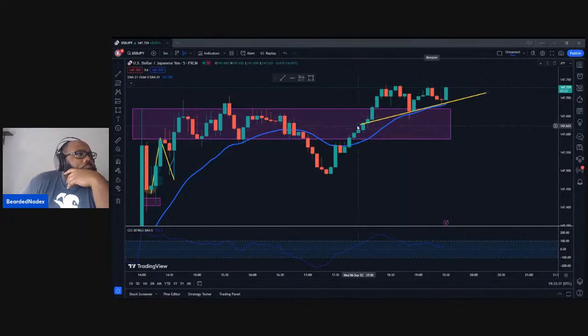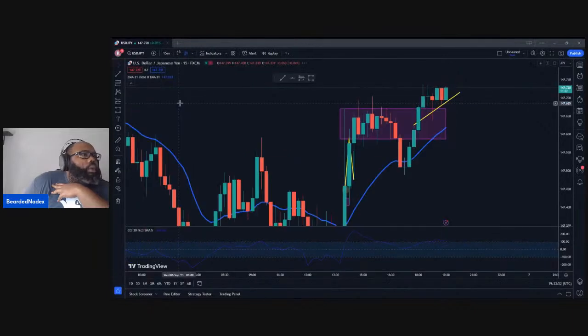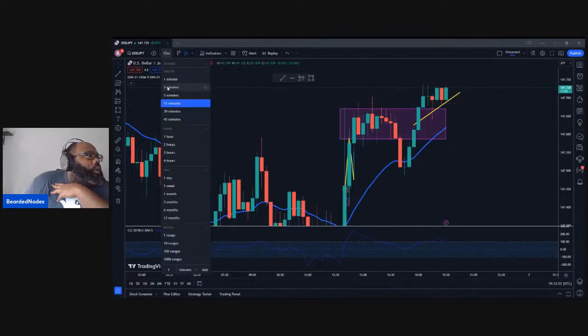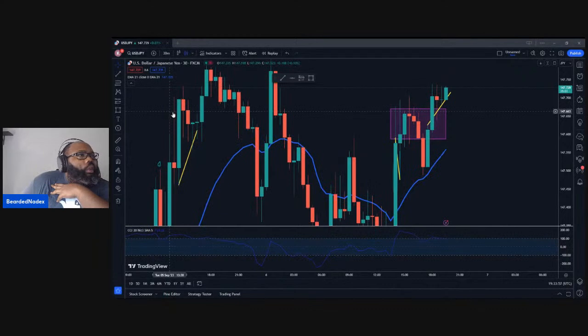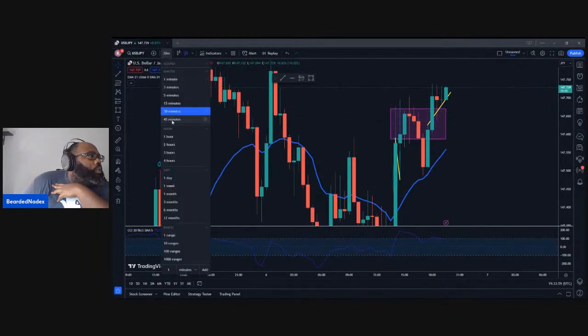We don't want that. We want boom, boom, boom. So this is big support, support, resistance. So we want candle break, support, support, support, support. So we'll test that out. Let's see how that looks. Let's go to the M15 real quick. Looks decent. Let's go to the M30. Yeah, it's all right.